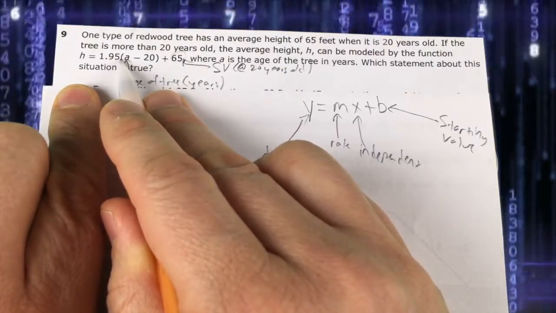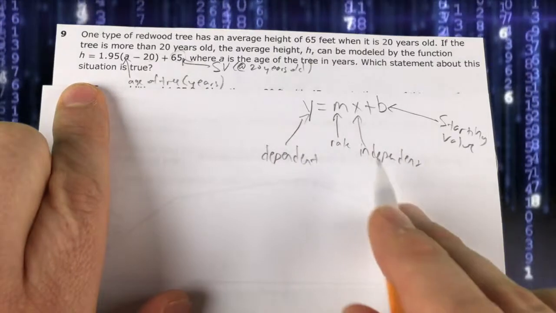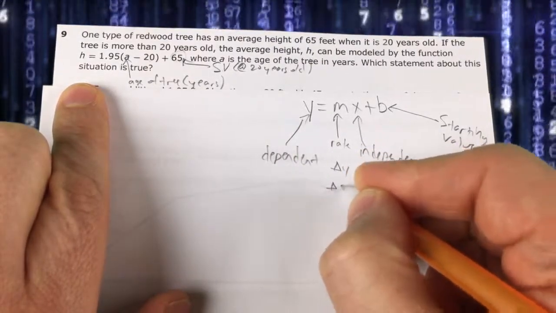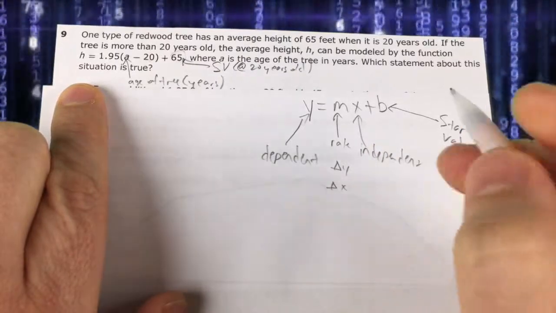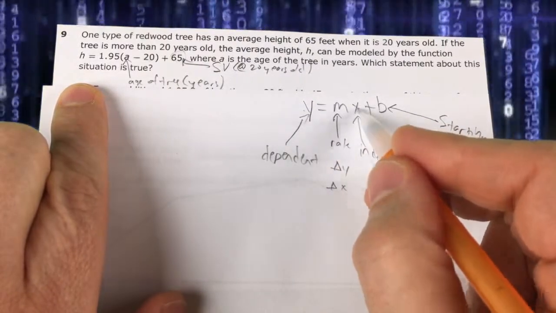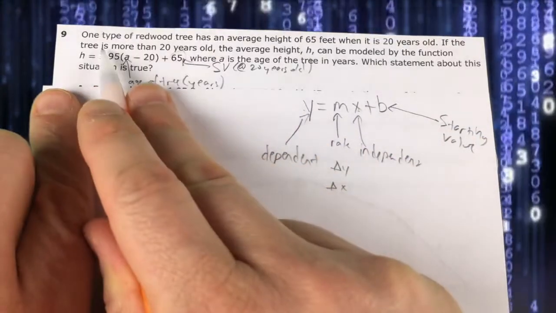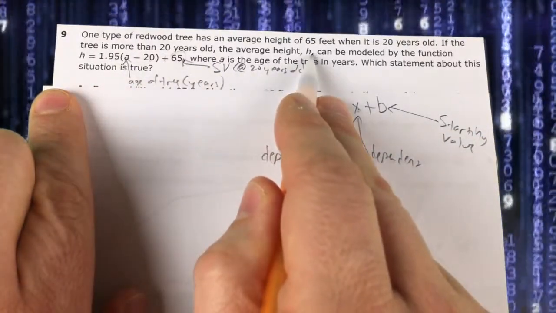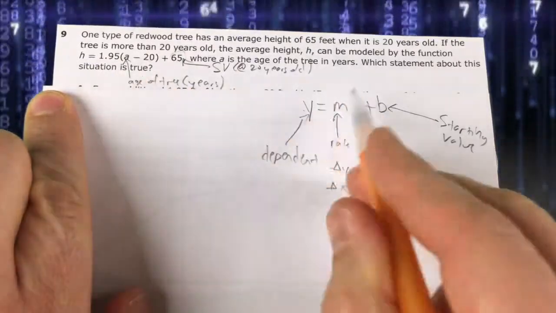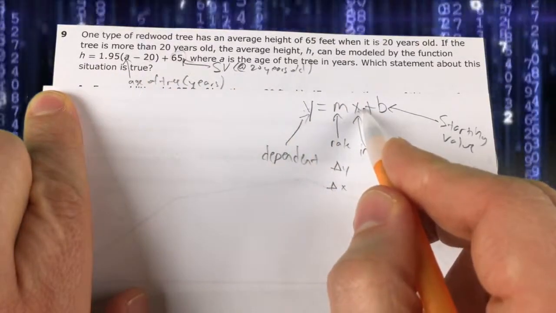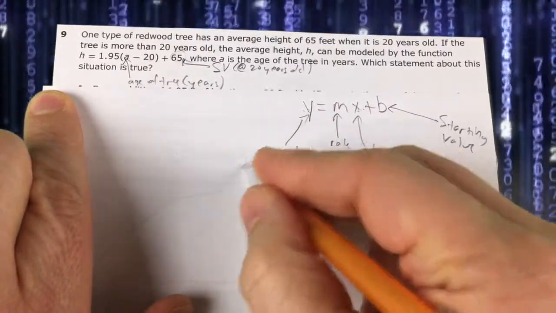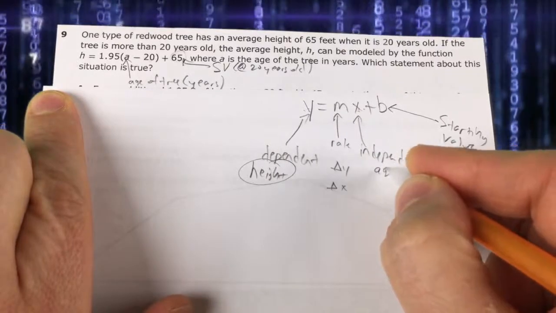Because after those first 20 years, there's a ratio of 1.95 feet. They don't tell us much about the ratio, but we know that the m, or the rate, is always our change in y over our change in x. What is our y and our x? They told us that this is the height. So the height depends on the age, because y always depends on x. This is the height, and this is the age.